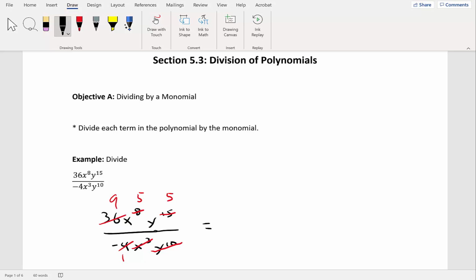And now let's rewrite our answer. In the numerator I have left 9x to the 5th, y to the 5th, and in the denominator I just have negative 1. But this can be further simplified, because 9x to the 5th, y to the 5th divided by negative 1 just gives us negative 9x to the 5th, y to the 5th. And then we're finished.